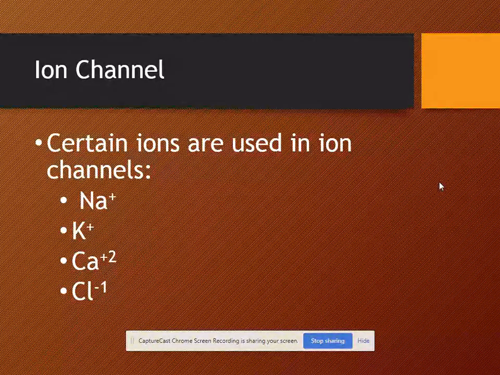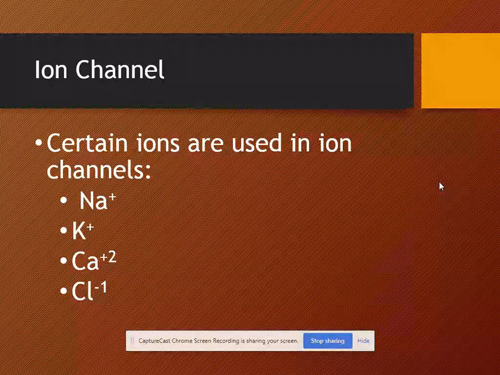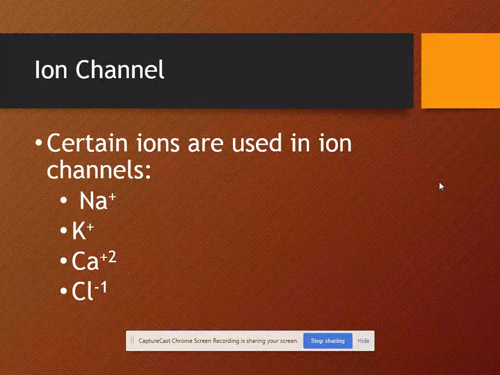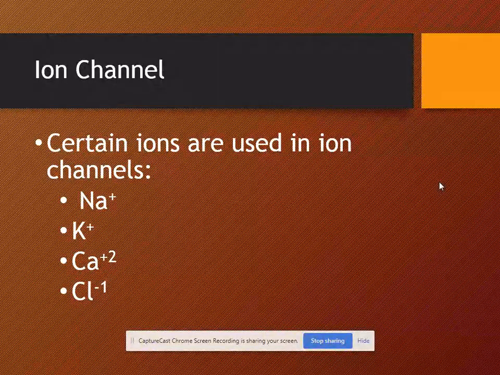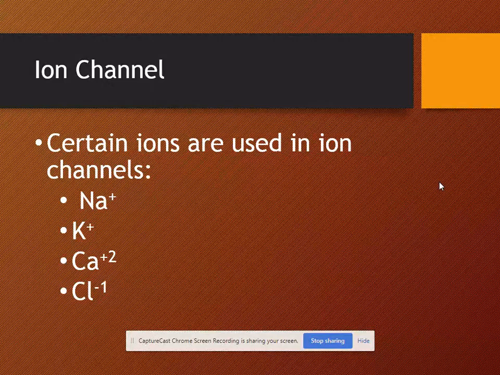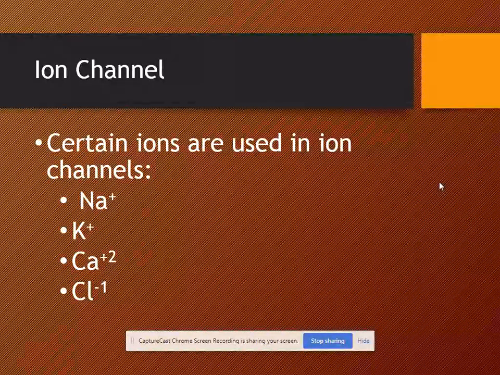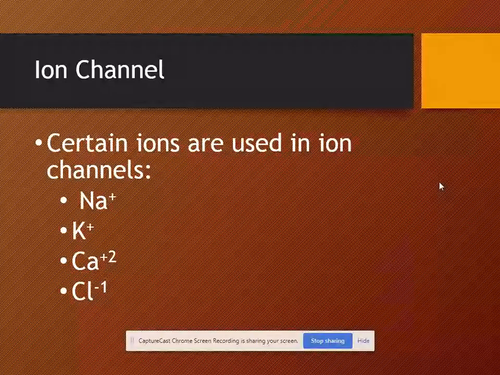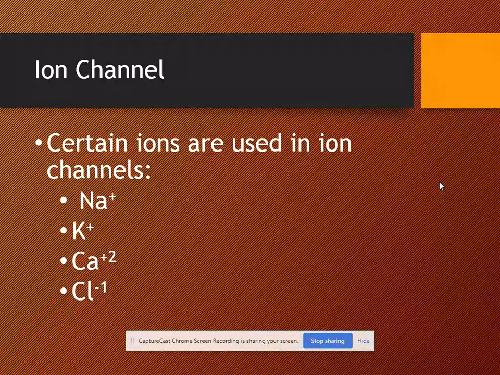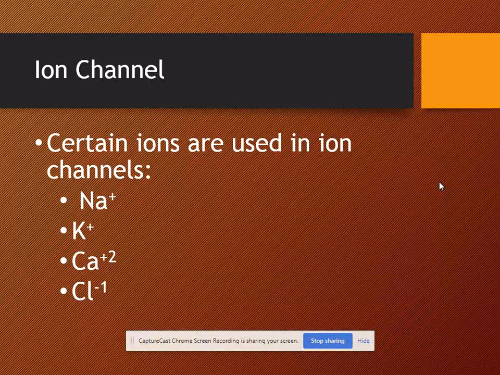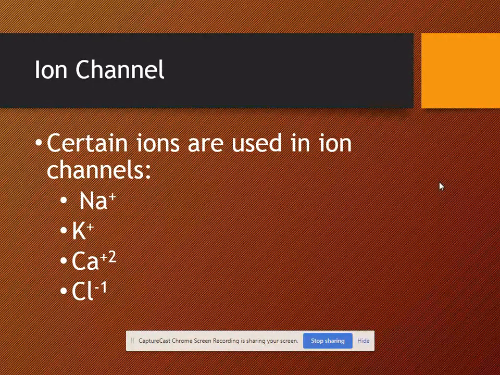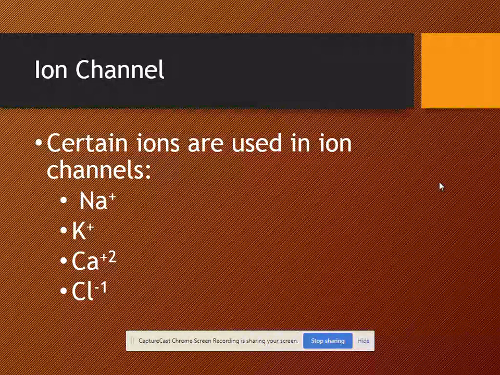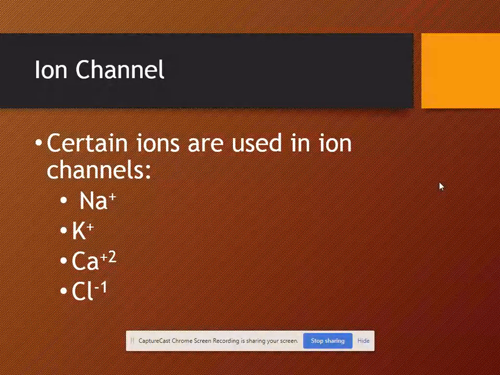Sodium and potassium have a +1 charge. Calcium has a +2 charge. The last one I'm giving you is chlorine, and chlorine has a -1 charge. It is still an ion, but it's no longer a cation, it's an anion, a negative ion. So this is one of the examples of a negative ion. And all four of these are used in ion channels.